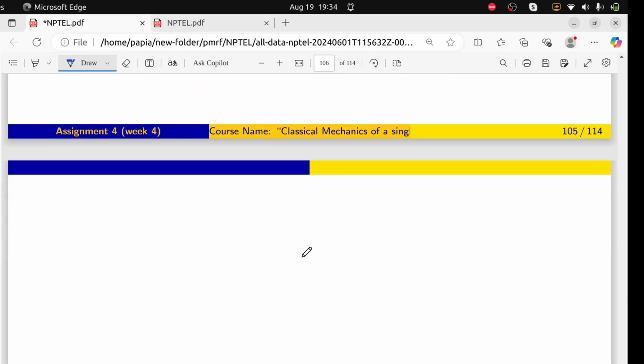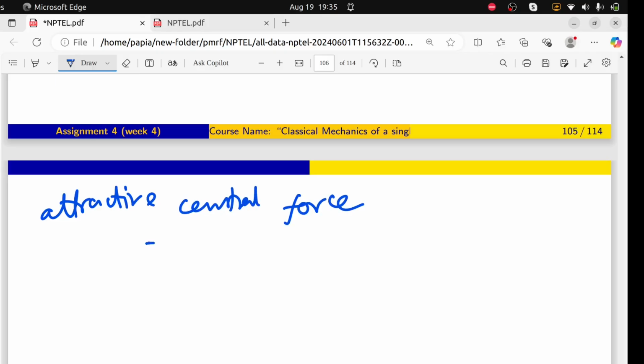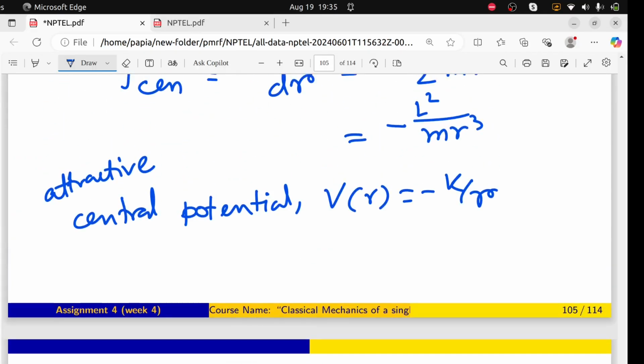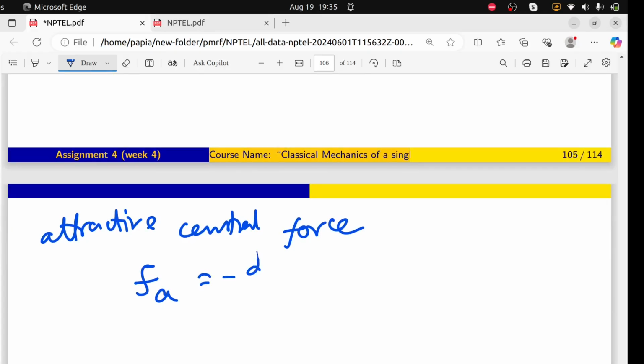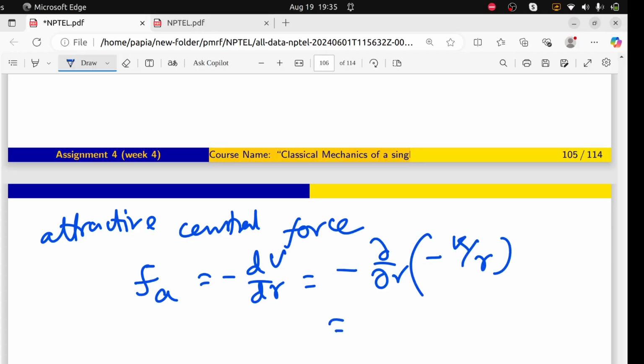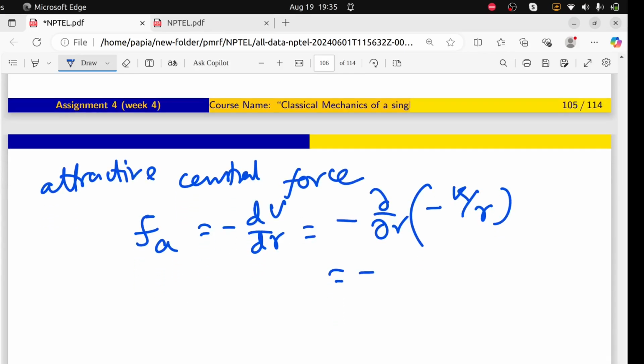So the attractive central force F is minus dV/dr, that is minus del r of minus k by r, so it is minus k by r square.